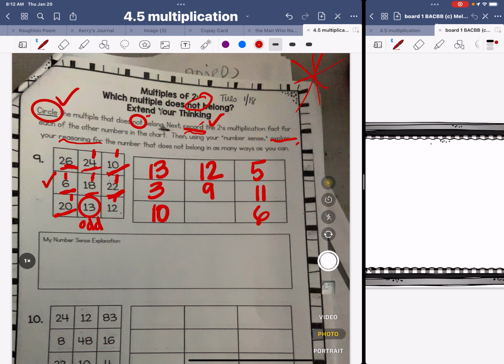So now all I have left to do is, using your number sense, explain your reasoning for the number that does not belong in as many ways as you can. So I would write, I know that 13 is not a multiple of 2.